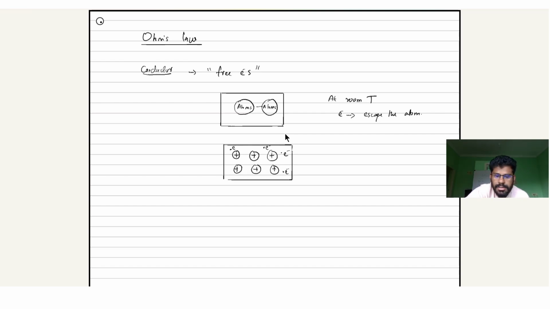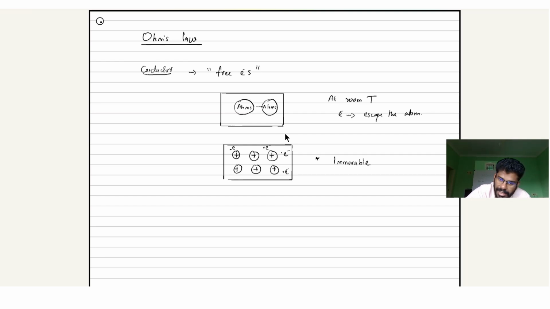Why free electrons? Because now the electron is no longer within the vicinity or control of the atom. It is free to move around inside the conductor. That is why we say the electrons are free. What about the ions? There is a misconception that the ions will also move, but these ions are immovable.